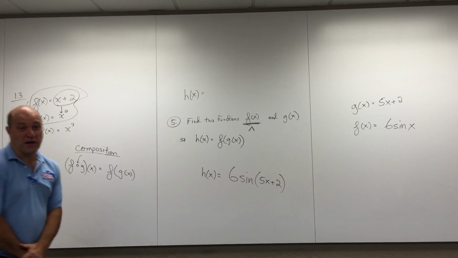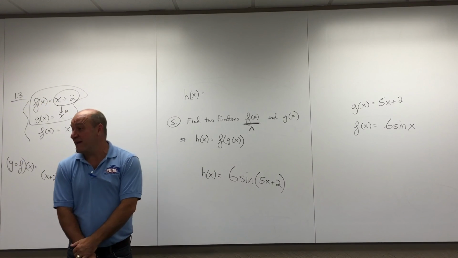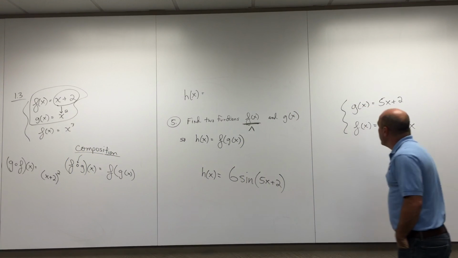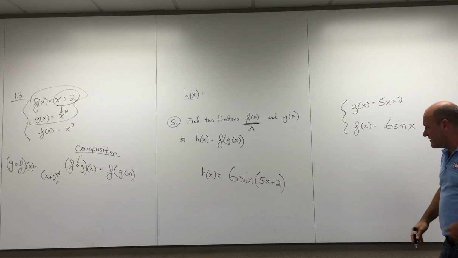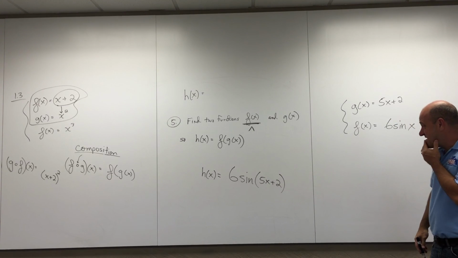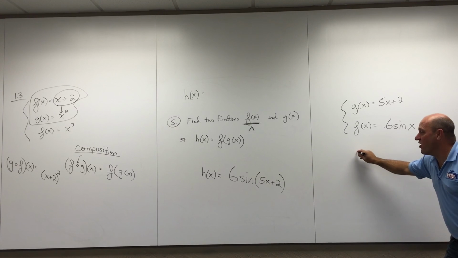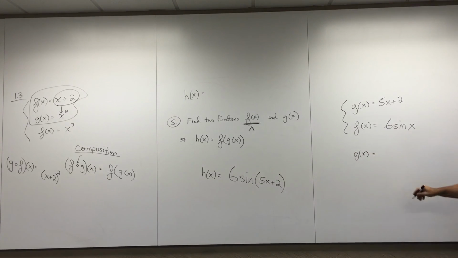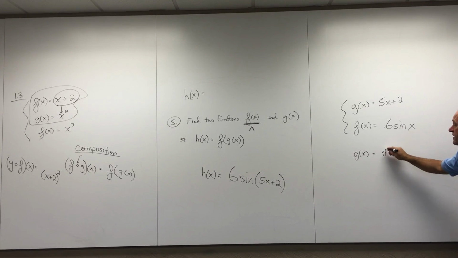By the way, when you do a question like this, there usually is more than one answer. I could decompose this differently. So this is one answer. This is weird. Watch this though. I'm going to call the inside function the trig function, sine of 5x plus 2.